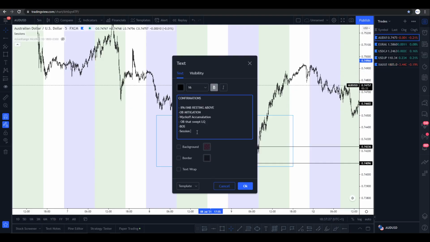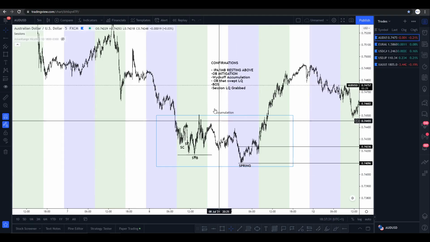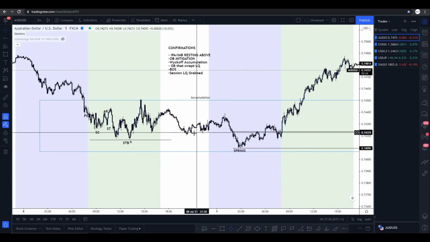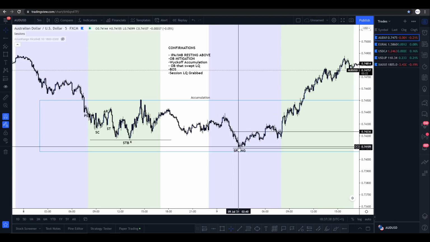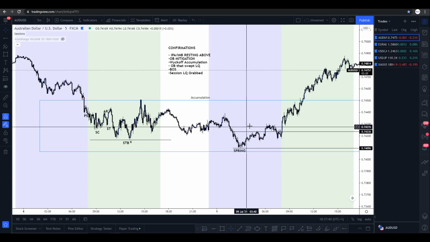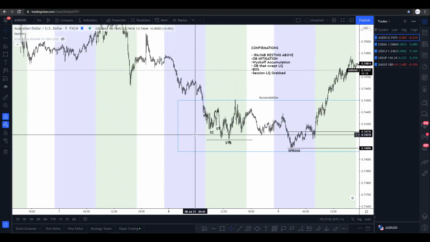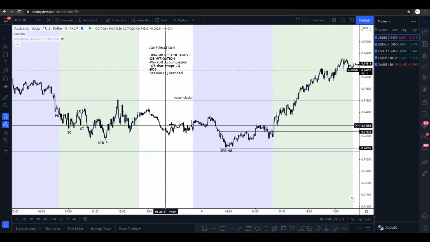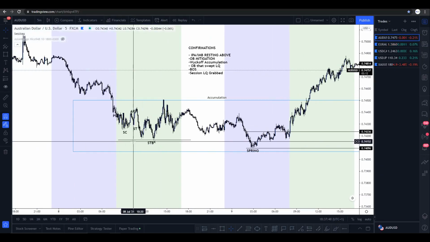Session LQ grabbed. Because think about it, when I talked about the theory of sessions, my main point was it's telling you a story. London consolidated, New York consolidated, Asia took it out. AUD USD is most likely to be most volatile near the Asian session, right? Because AUD. So Asia session takes out the liquidity. Now what's left?